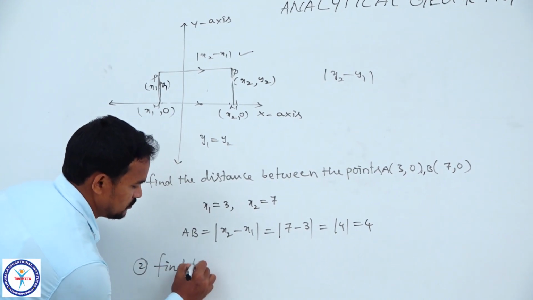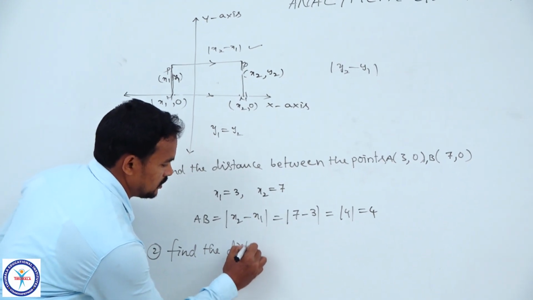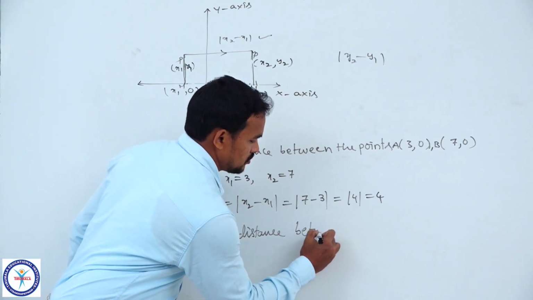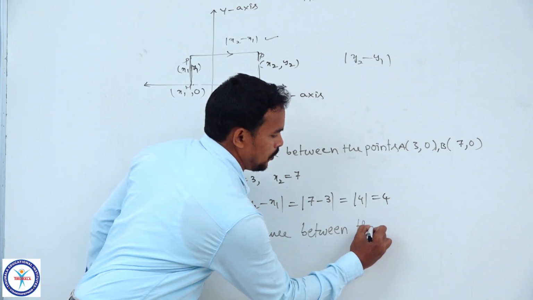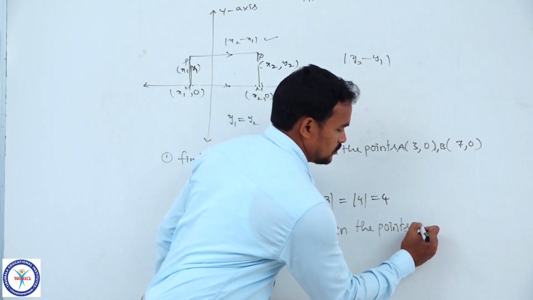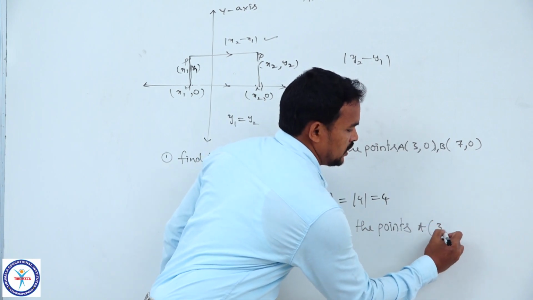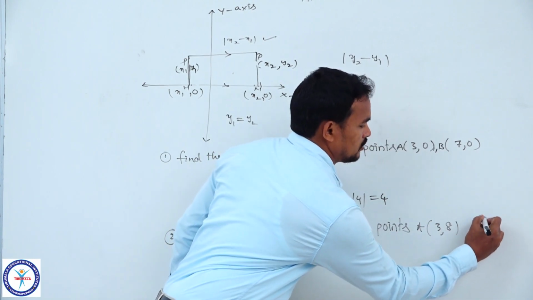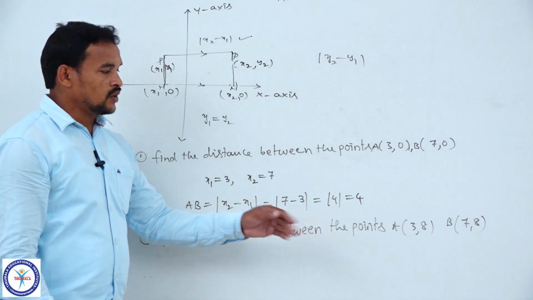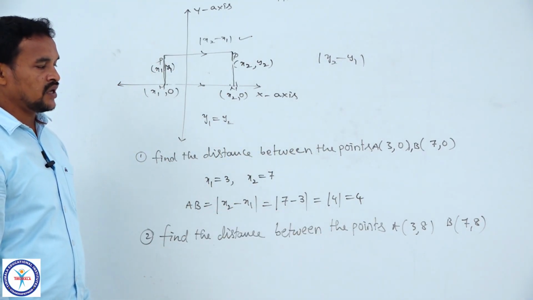Find the distance between the points A(3, 8) and B(7, 8). Here we observe 3, 8 and 7, 8.